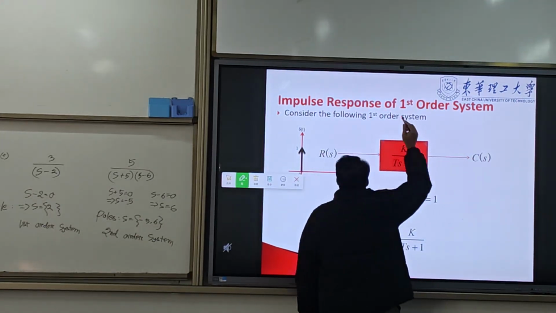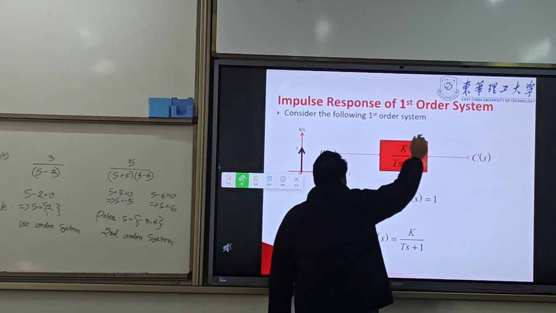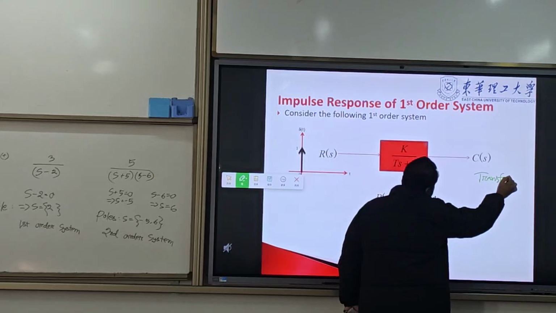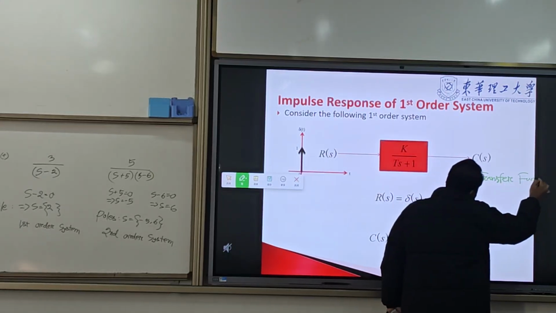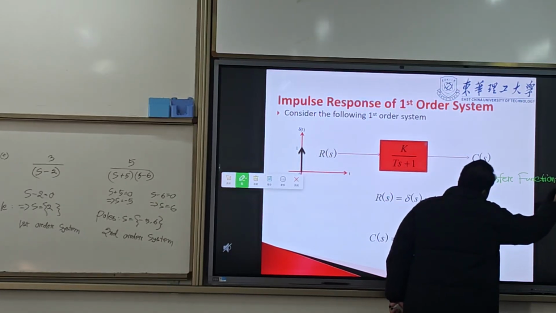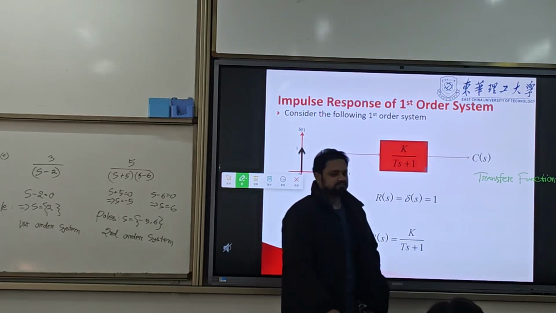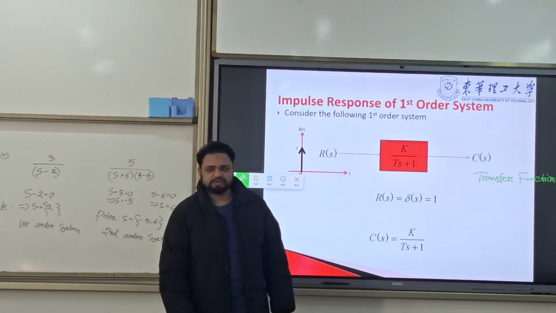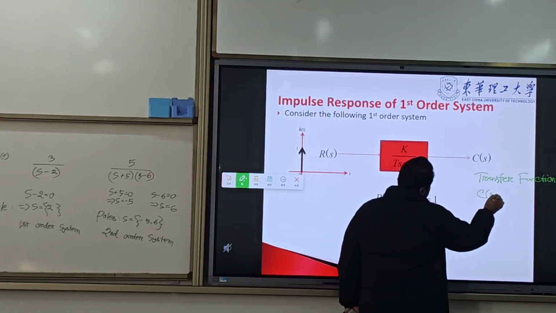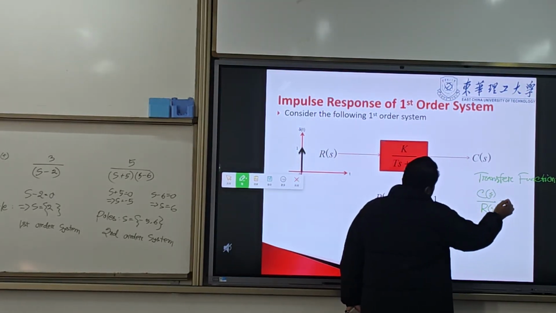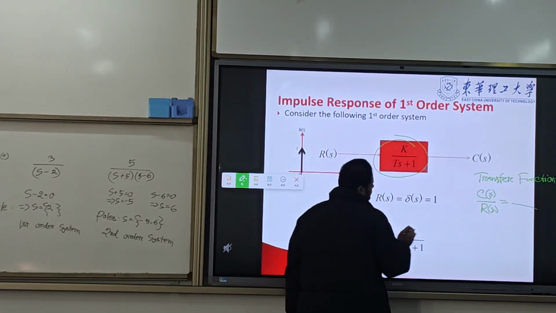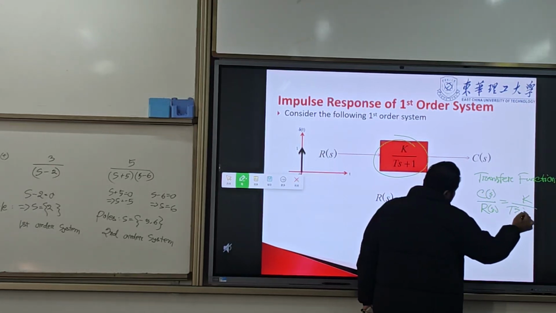So if I want to find the transfer function, we need to find C(s) by R(s). This C(s) by R(s) is equal to, we can write, the transfer function K by Ts plus 1.